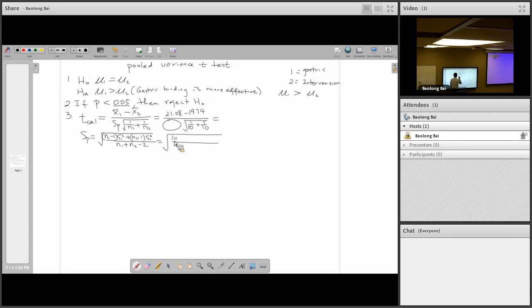n1 is 10 minus 1. s1 is 6.16. Take a square. And n2 minus 1. s2 is 5.06. Take a square. Then you have n1 plus n2 minus 2, right? So you calculate the pooled standard deviation. I hope you guys are able to do this correctly. Even if you did it wrong, if you show me the process, you're gonna be fine.